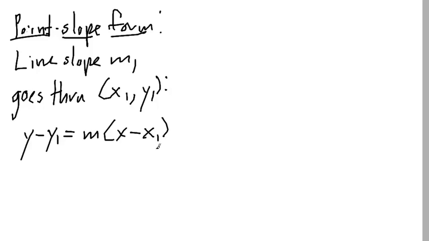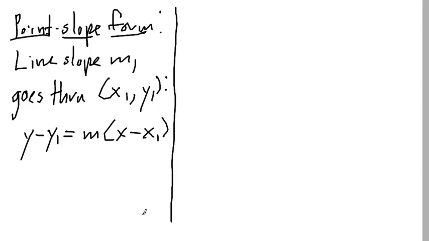This is a more general formula than slope-intercept, because we don't need specifically the intercept. We can just use this specific point. Again, you can refer to the book or talk to me to see why this makes sense. Let's just note, though, that y and x are variables, whereas y1, x1, and m are all constants.